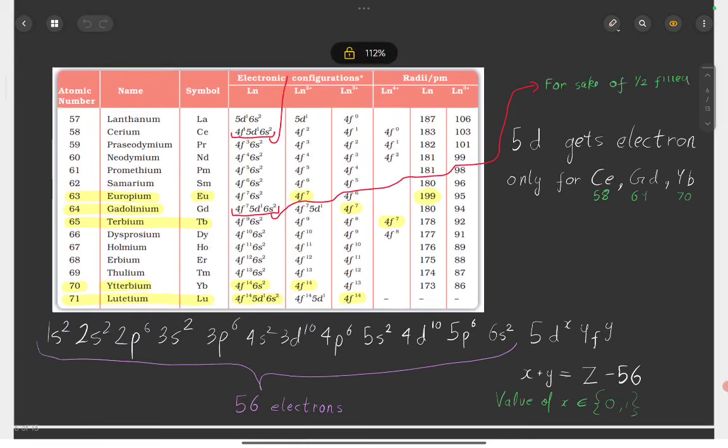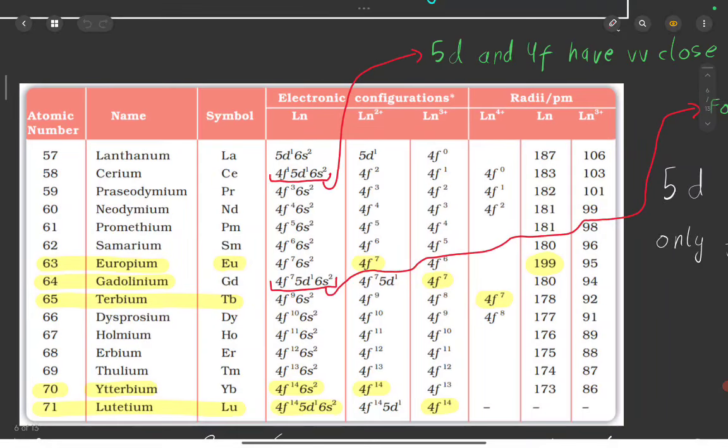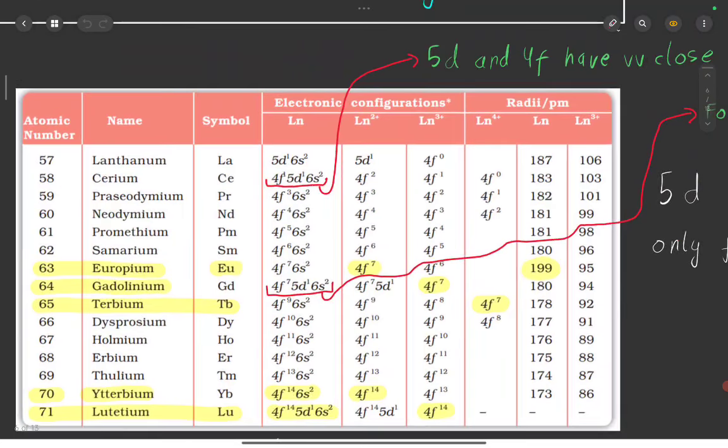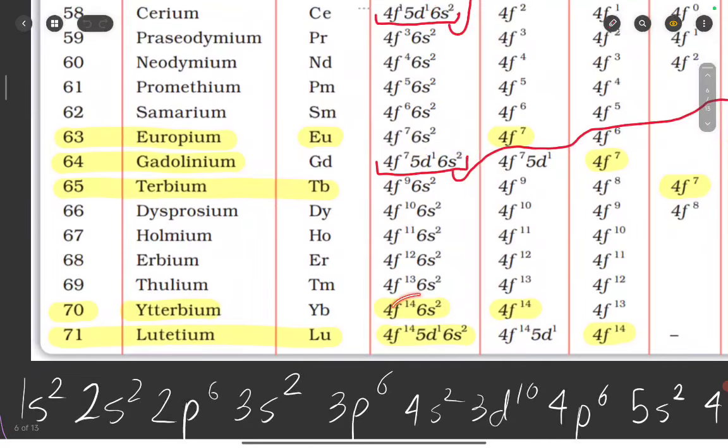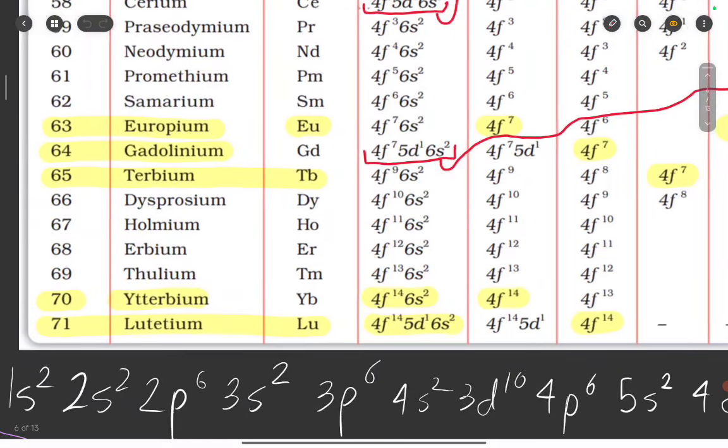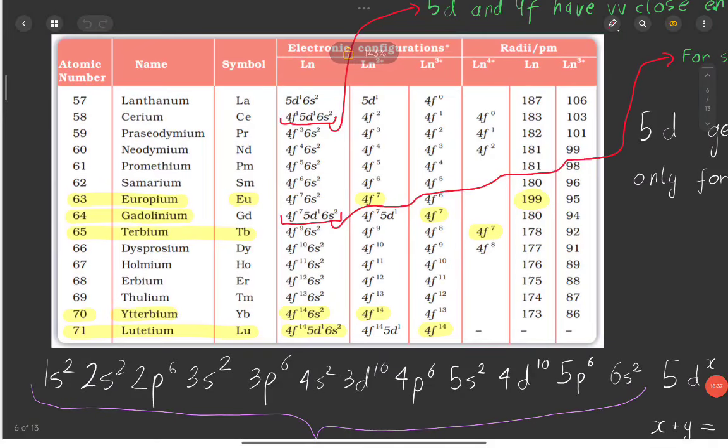And a good thing is that except for lanthanum, cerium, and lanthanum is not even an F block element, except for your cerium, gadolinium, and ytterbium. No, not ytterbium, sorry, lutetium. Except for those lutetium, gadolinium, and cerium, none of them have an electron in their 5d subshell.